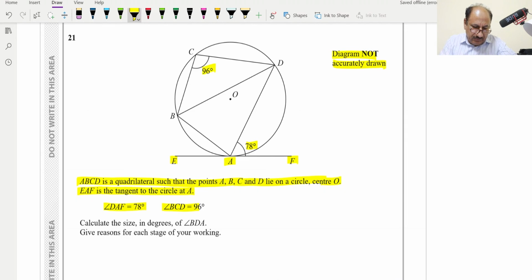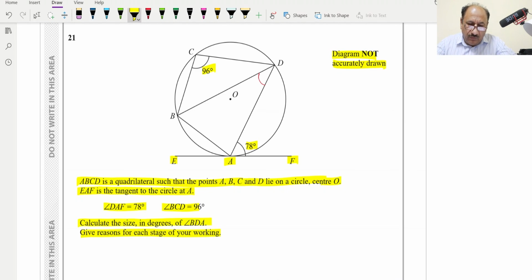This angle is 96. Calculate the size in degrees of angle BDA. So BDA is this angle, so this angle is required, and give reasons for each stage of your working.